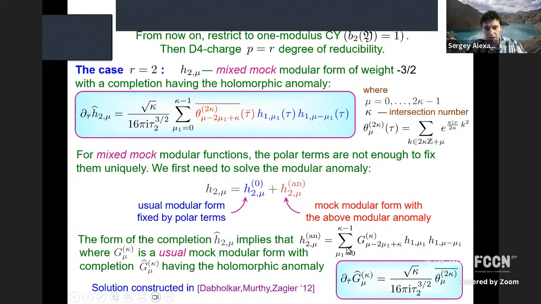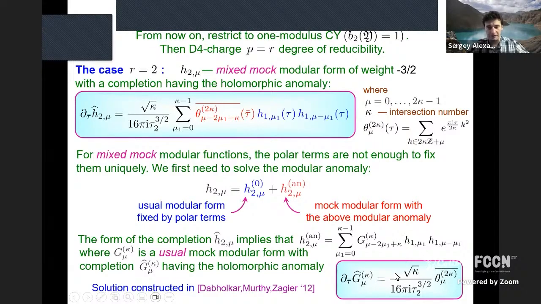Just let's choose H2 to look like this. So you see it mimics the form of this expression. And then it's easy to derive that the modular anomaly requires that this new function, capital G, must be already a usual mock modular form, not a mixed one, just the usual mock modular form with the shadow given by just this theta series, which you saw here.